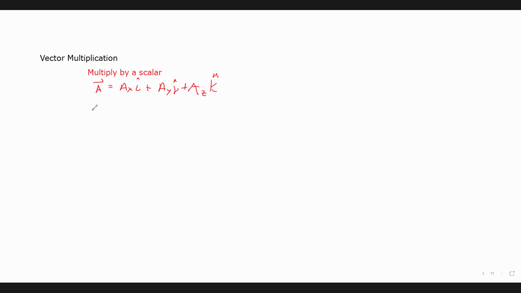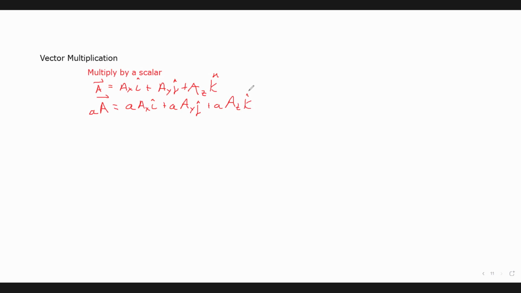I can take a scalar number like 10 and multiply A by it. And what I will get is a times a sub x in the i direction plus a times a sub y in the j direction plus a times a sub z in the k direction.